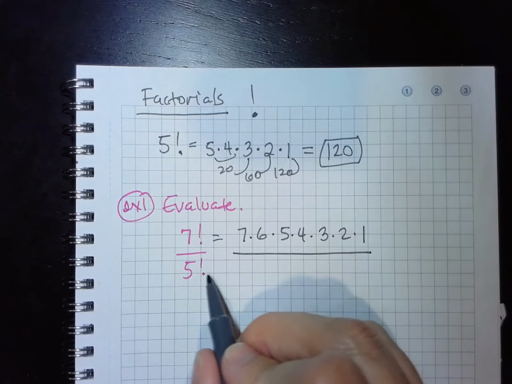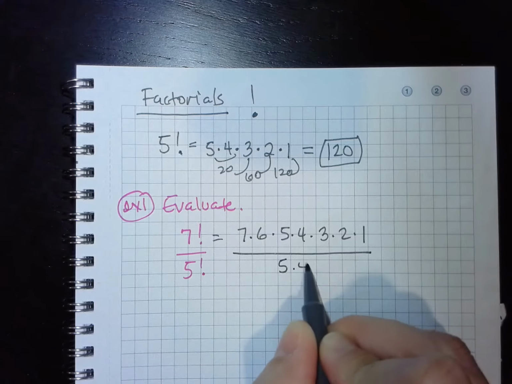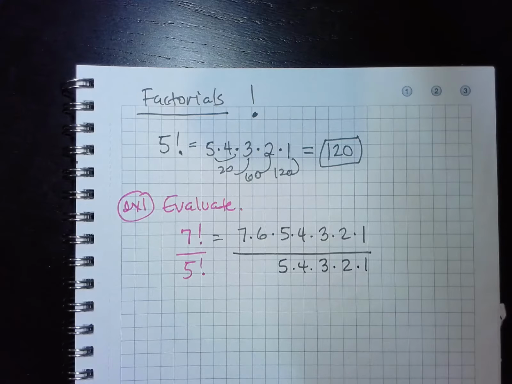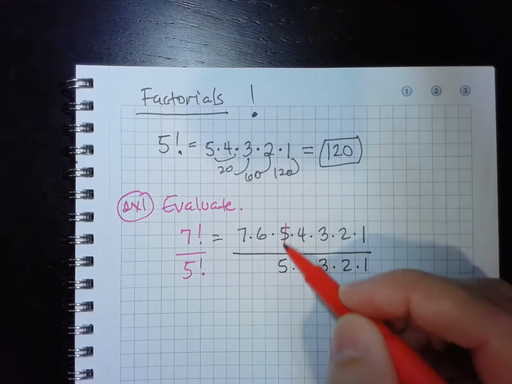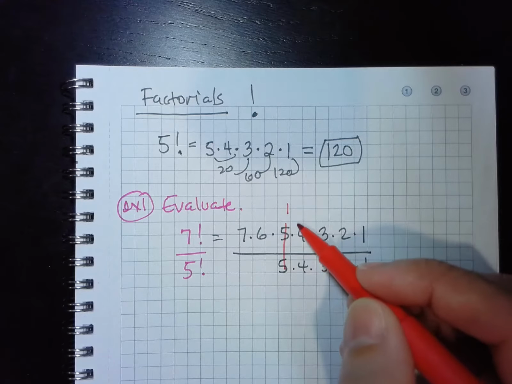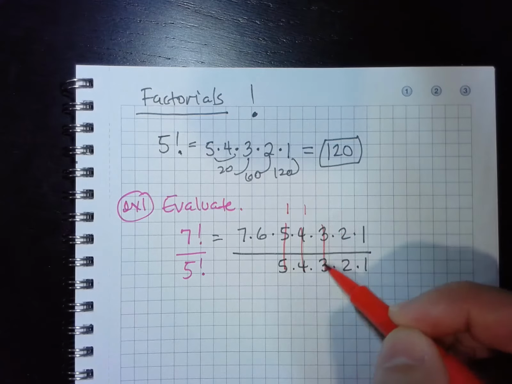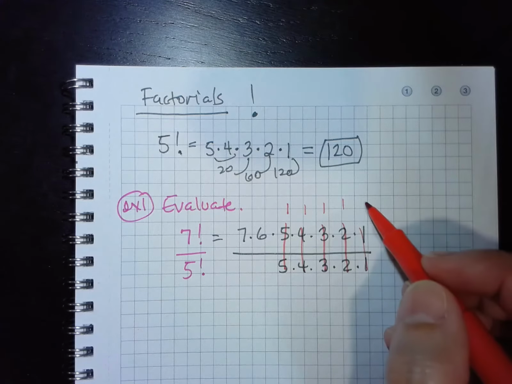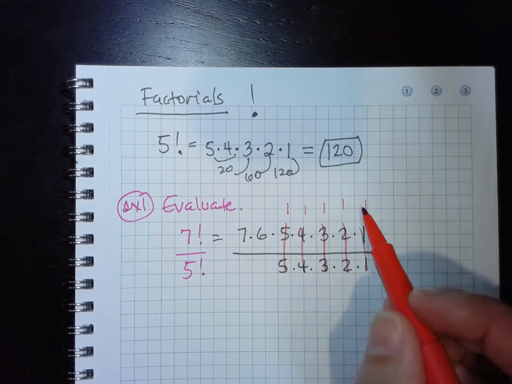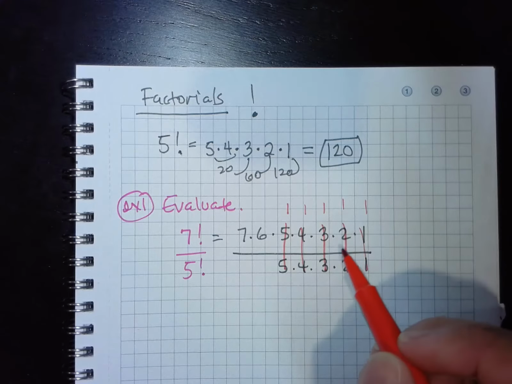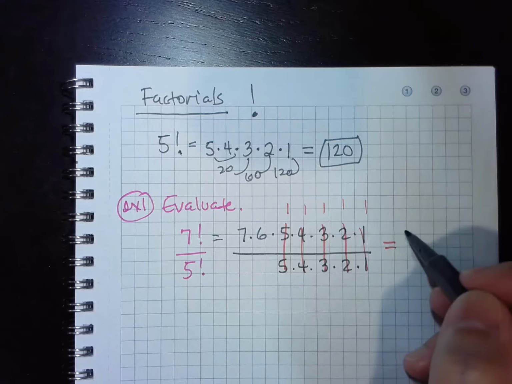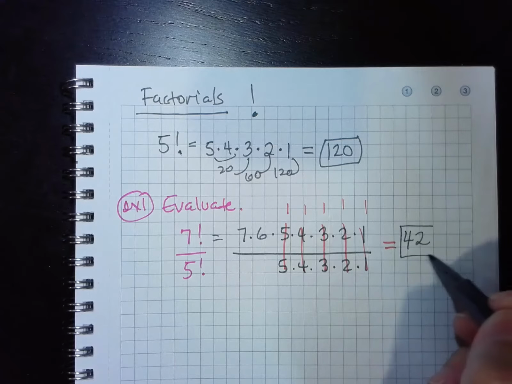The denominator is 5 factorial, so that's 5 times 4 times 3 times 2 times 1. And so you're going to have a bunch of divisions. So 5 divided by 5 is 1, and 4 divided by 4 is 1, and 3 divided by 3 is 1, 2 divided by 2 is 1, and of course 1 divided by 1 is 1. So these all divide out to 1, and you're left with 7 times 6, and 7 times 6 is 42.